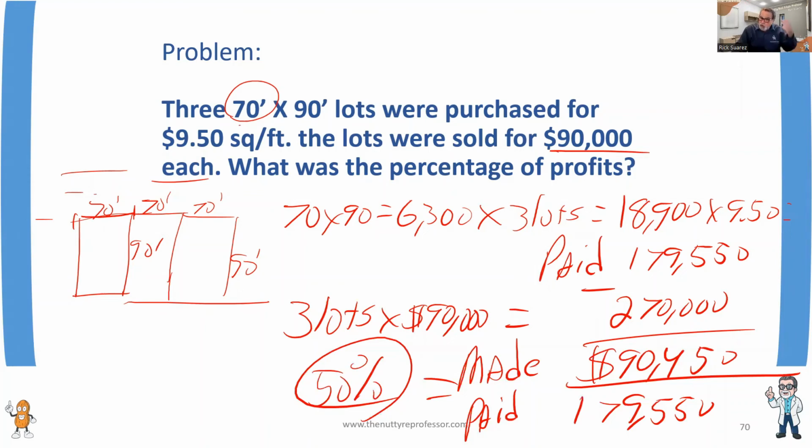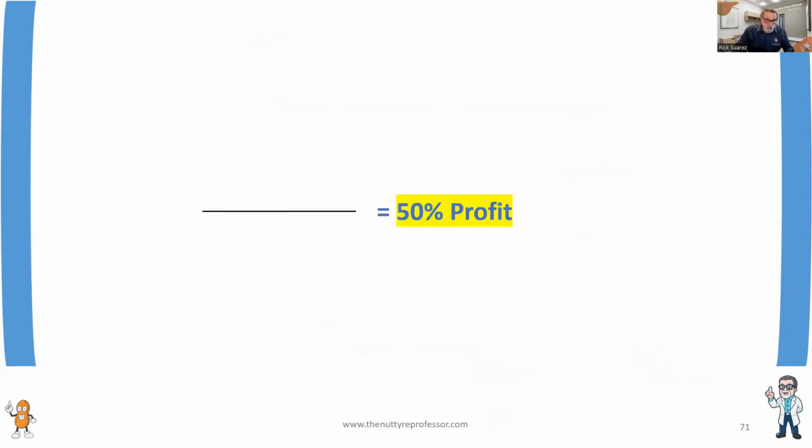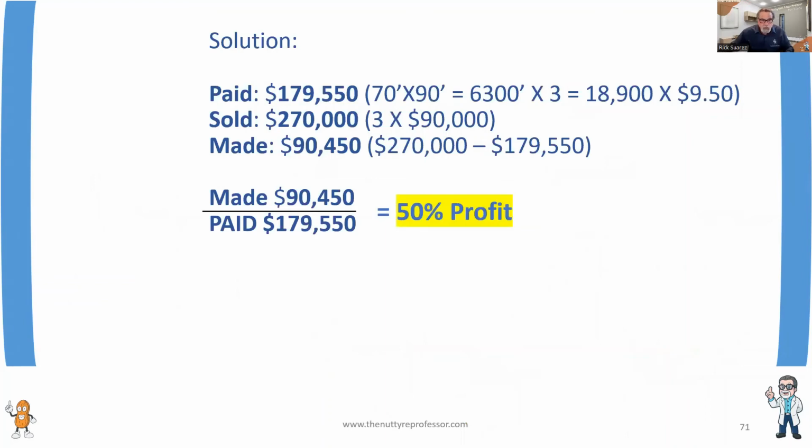Now, let me show it to you nice and clean so you can appreciate it better. There it is. So here is the 70 times 90, which equals 6,300 feet. Times 3 is 18,900 times $9.50. It's 179,550. Then he sold it at 90,000 each lot.